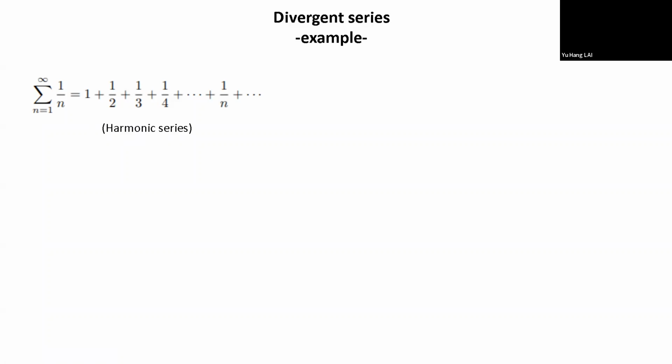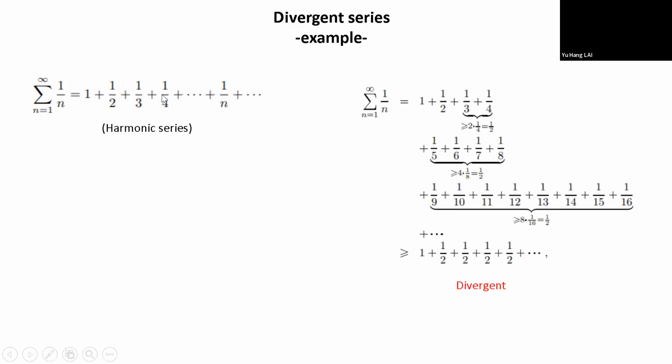So here, let's do a trick. We are going to group the terms. First of all, you can see that I have written down the first 16 terms of this series, just to show what's going on.